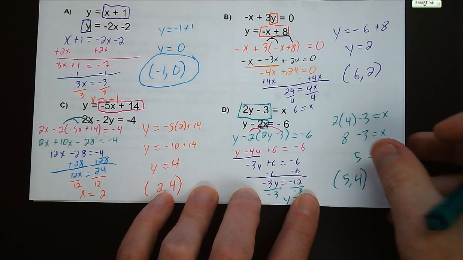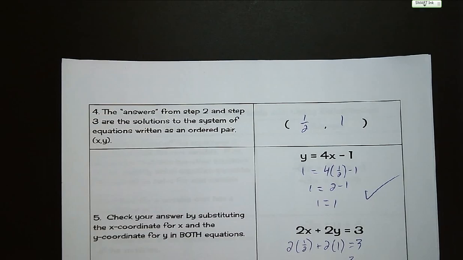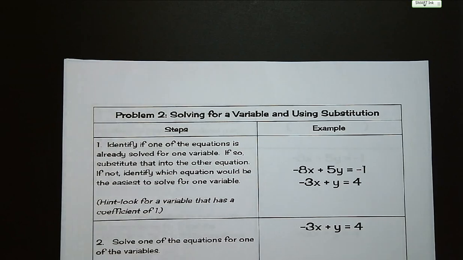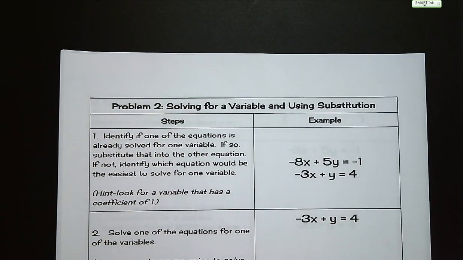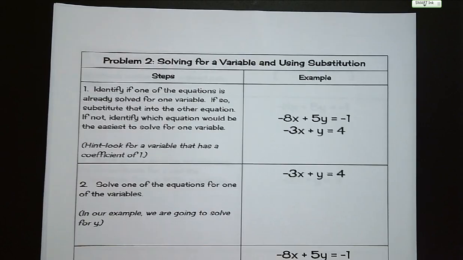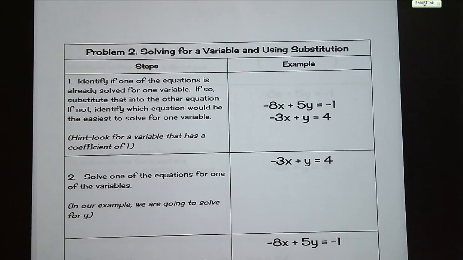Okay. Now, what if our equations aren't set up nicely and we don't have something that's already solved for one of the two variables? Well, that means we're going to have to actually solve for it ourselves.